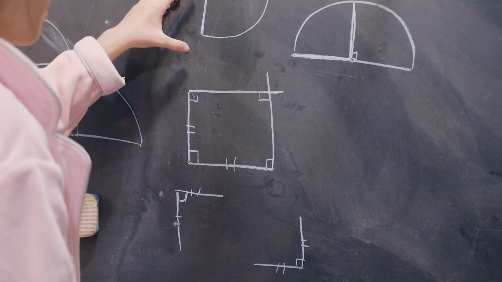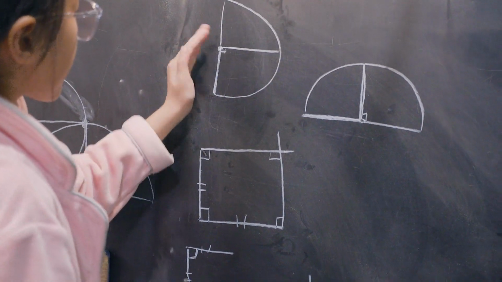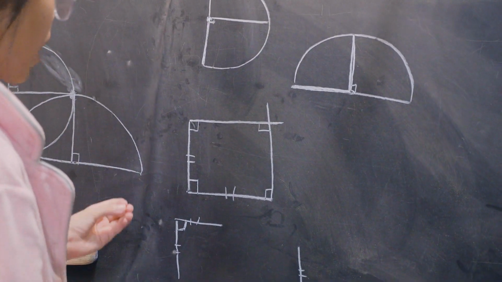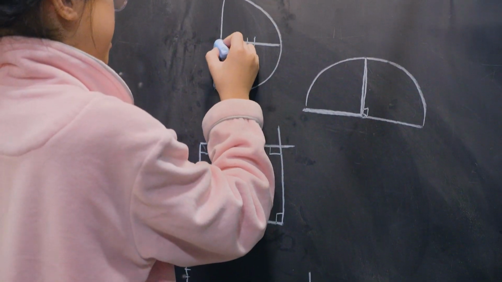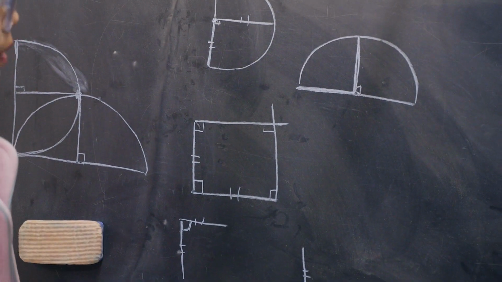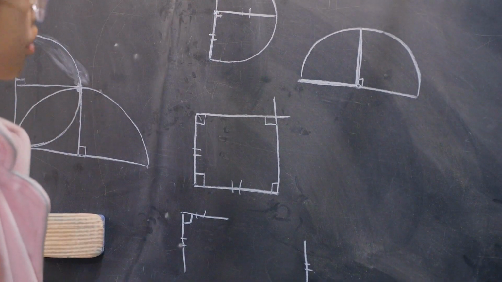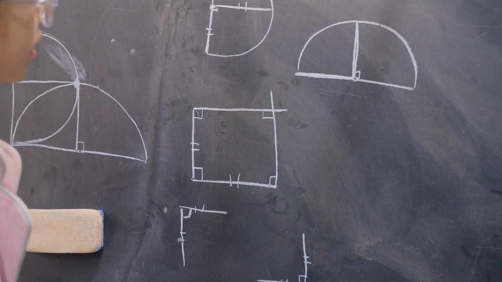This pattern has the same property, where two are equal, and this is 90 degrees. So they have the same property. That means these two guys are the same, right? Because they have the same property.